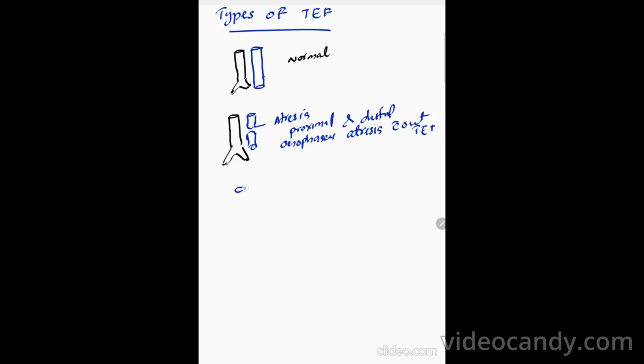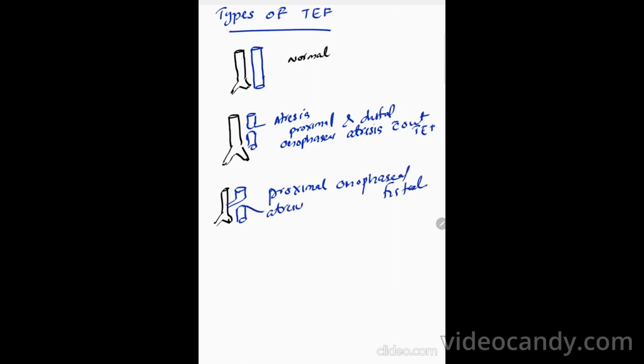Next one. Here we have the esophagus and the trachea. In this condition there is a communication: the proximal part of the esophagus is communicated with the trachea. There is a fistula; fistula is an abnormal communication. So this is a proximal esophageal fistula, and this is atresia.